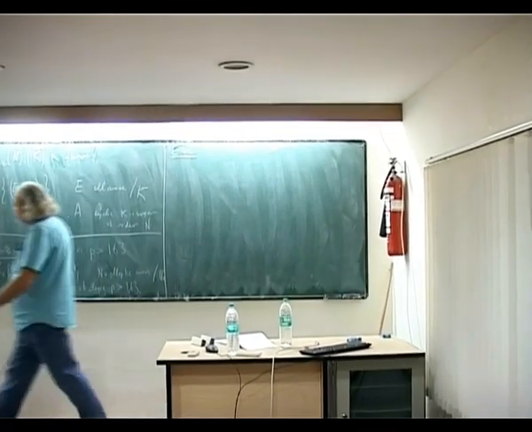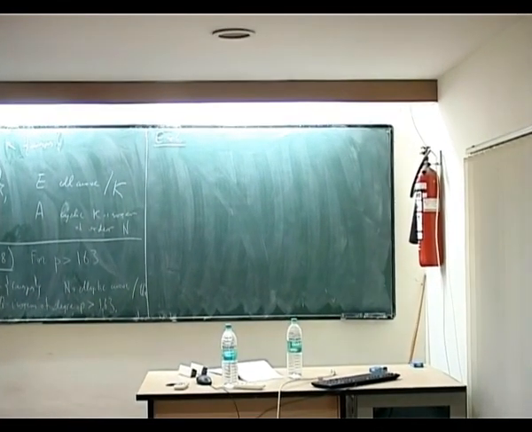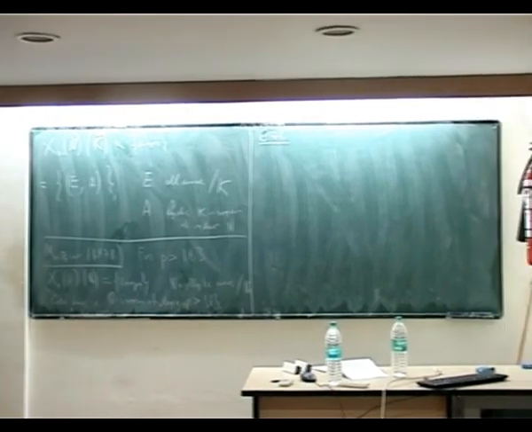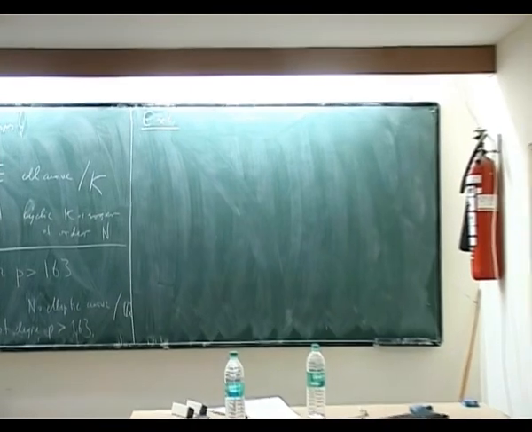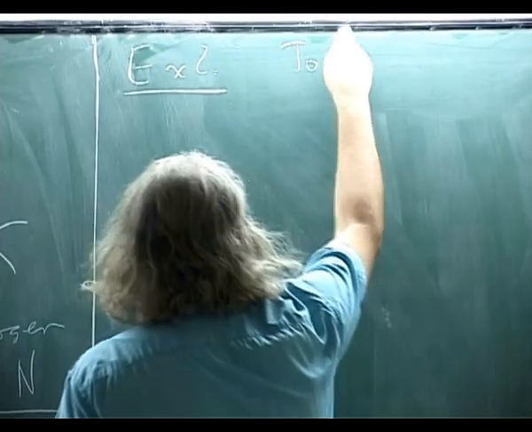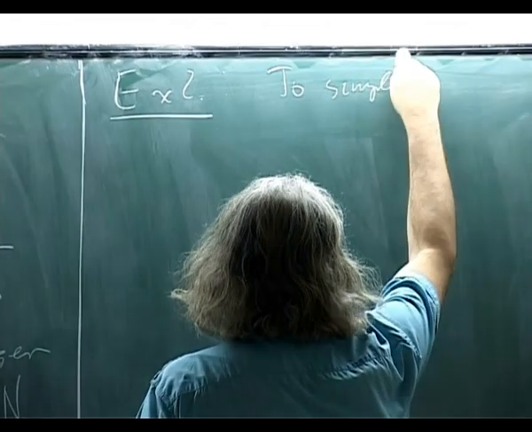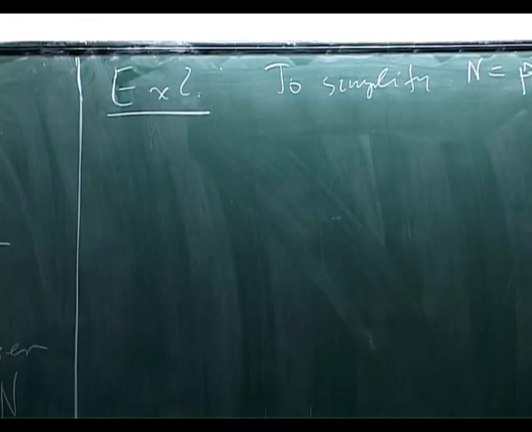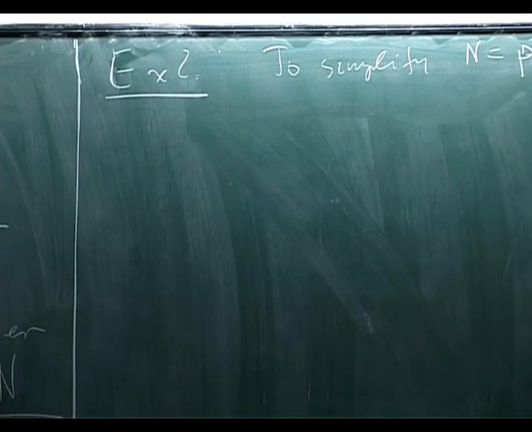So we can also consider what is called the Borel subgroup. Consider what is called the Cartan subgroup. Just to simplify, let us assume that n is a prime number, which is the most interesting case, at least for me.